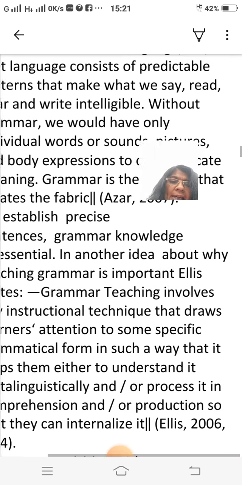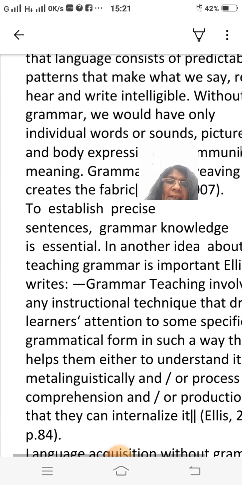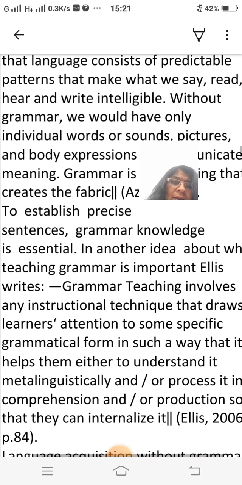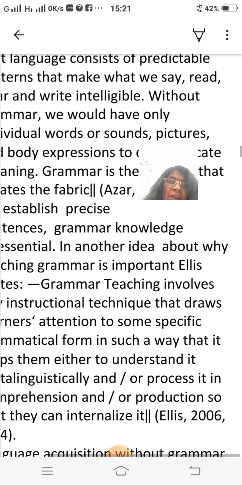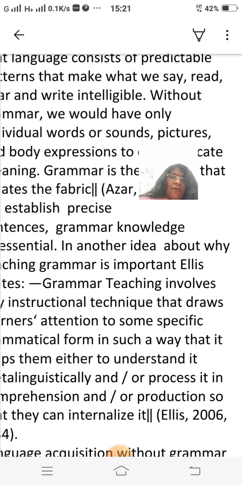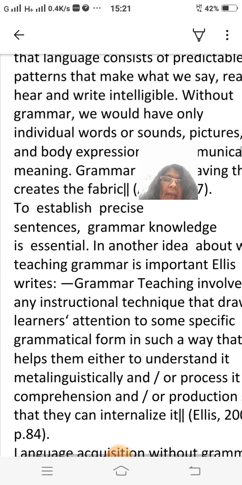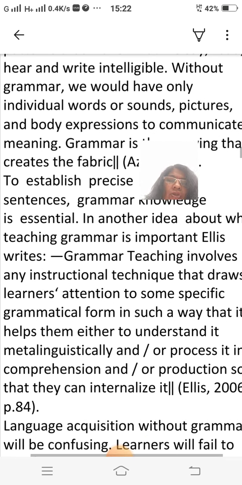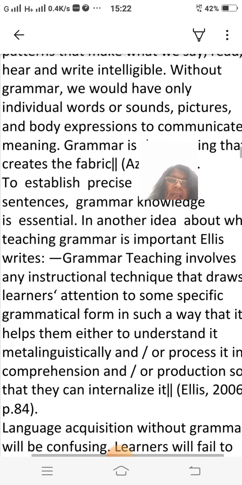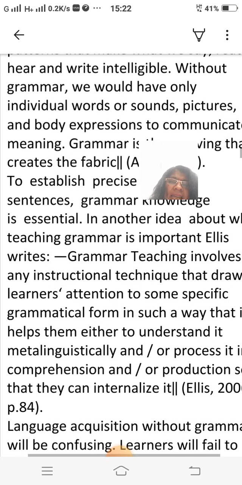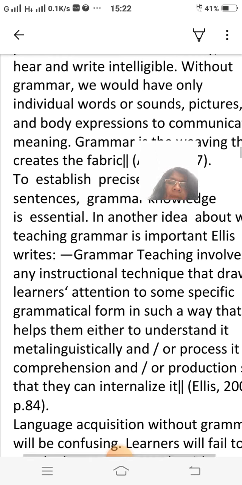Another idea about why teaching grammar is important is that grammar teaching involves any instructional technique that draws learners' attention to some specific grammatical form in such a way that it helps them to understand it.